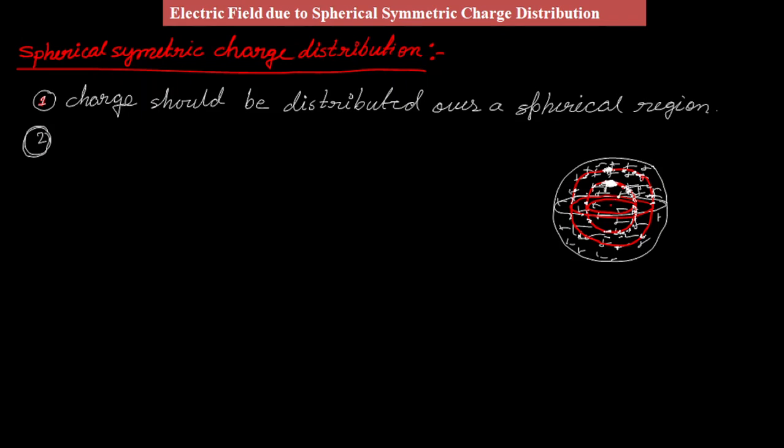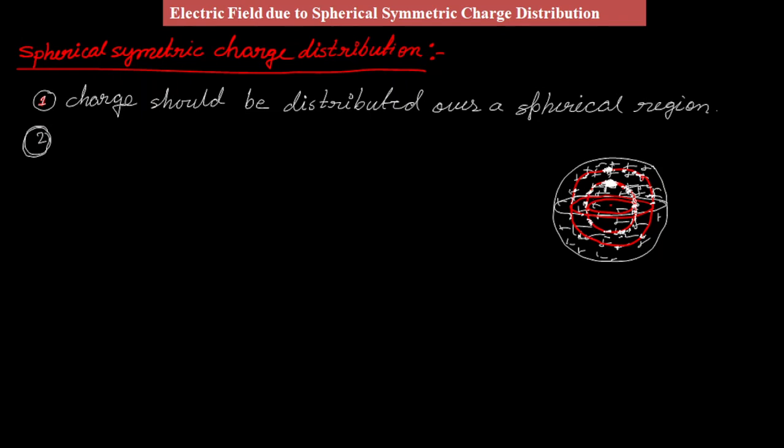Okay? Spherical symmetry. Now from the figure, one thing is clear: if I calculate the charge density on the inner surface at this point, and then at this point and this point, in order to carry spherical symmetry the charge density at every point on this surface must be the same.